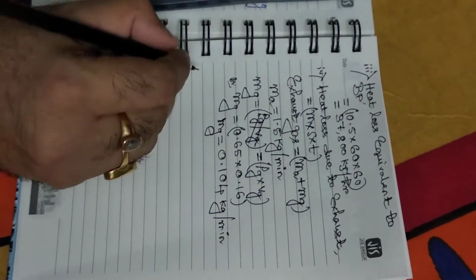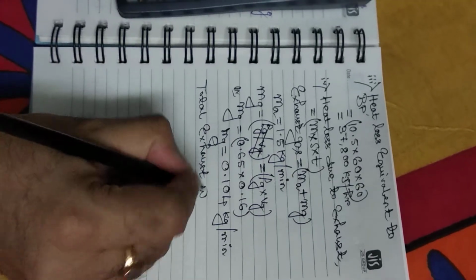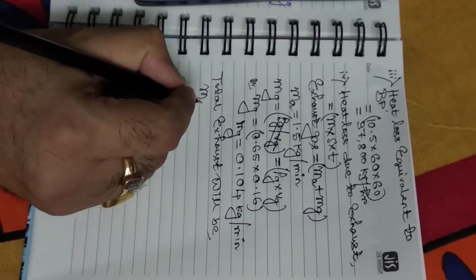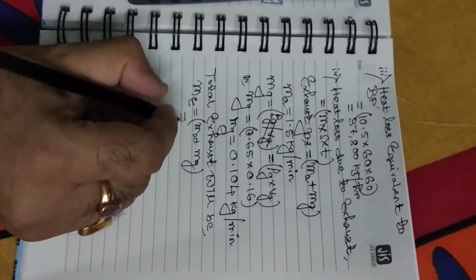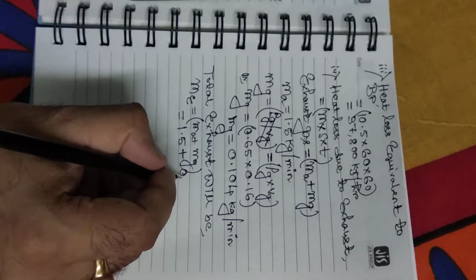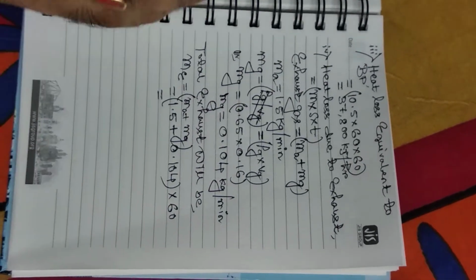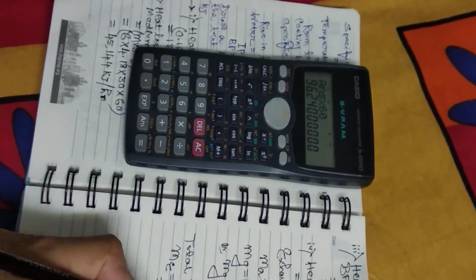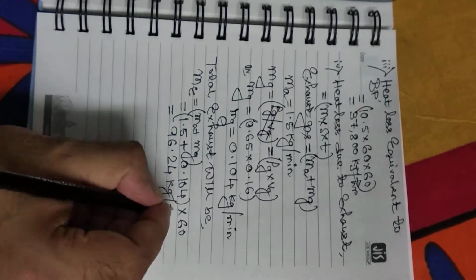Now the total exhaust ME equals MA plus MG, that is 1.5 plus 0.104, multiplied by 60 for the hour, which comes to 96.24 kg per hour.